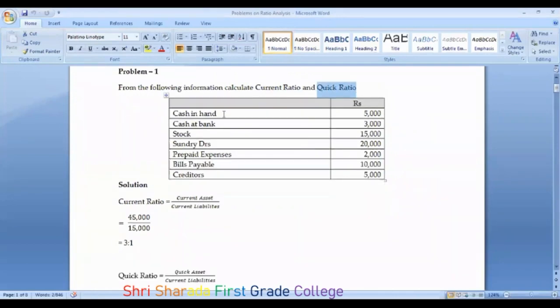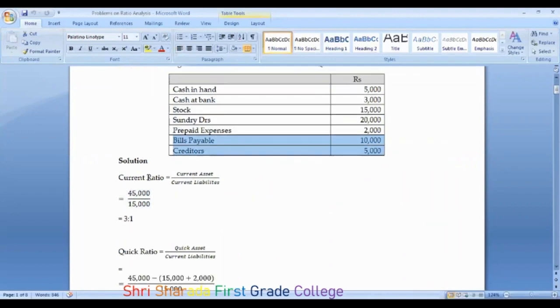So here there is cash in hand, cash at bank, stock, sundry debtors, prepaid expenses. These are the current assets, so take these into consideration for calculating the current ratio. Bills payable is 10,000 and the creditor is 5,000, so current liabilities put together give you 15,000. So 45 by 15 gives you 3 by 1.